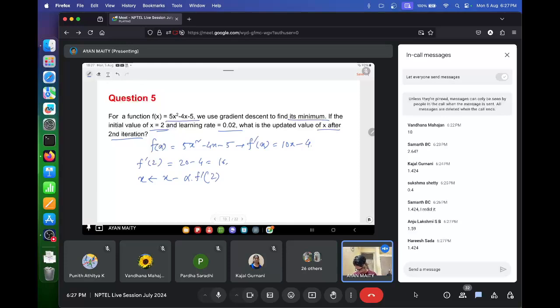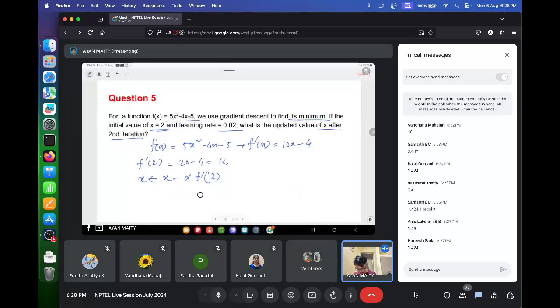This term is 2 minus learning rate alpha, which is given as 0.02, times f dash 2, which is 16. If we compute this, it would be 2 minus 0.32, which is 1.68. So after the first iteration, the updated value of x is 1.68.